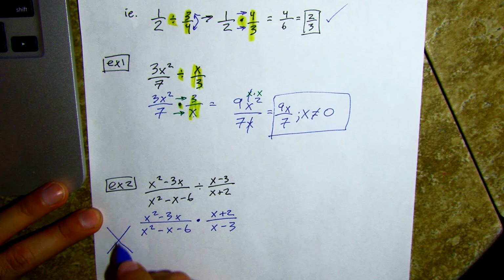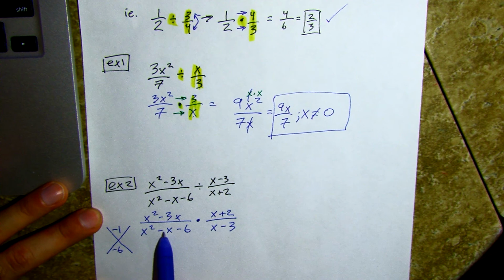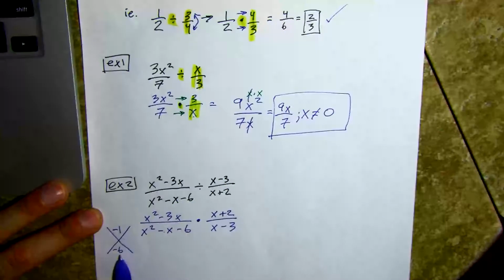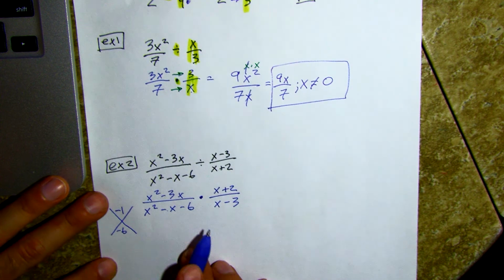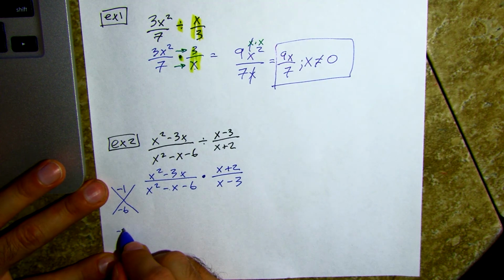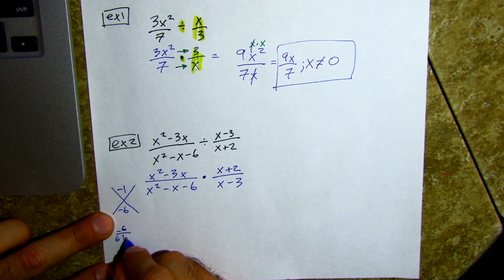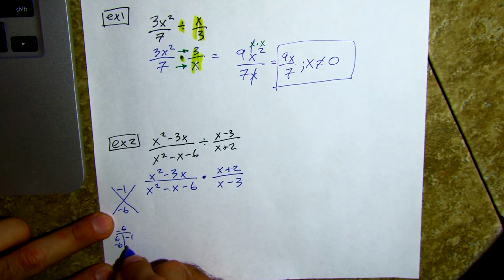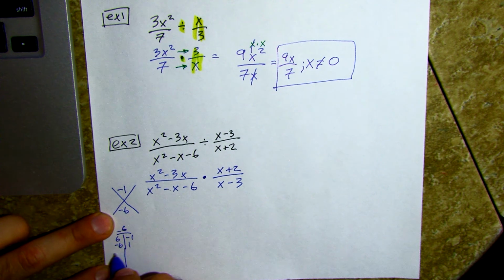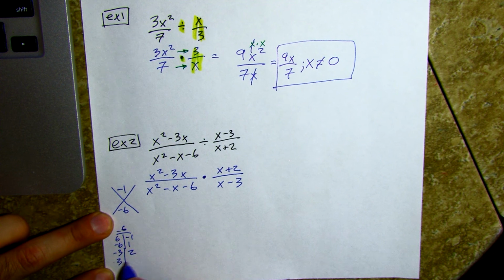-6, -1. C, B. So B goes on top, C goes on bottom. We're looking to see what multiplies to give us -6. Let's see, 6, -1, -1, -6, 1. Let's see, -3 and 2, 3, -2.